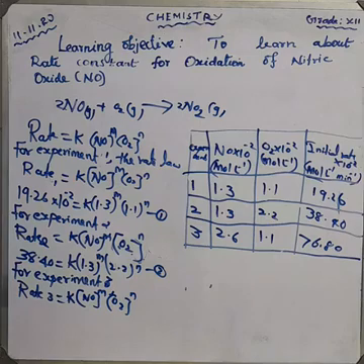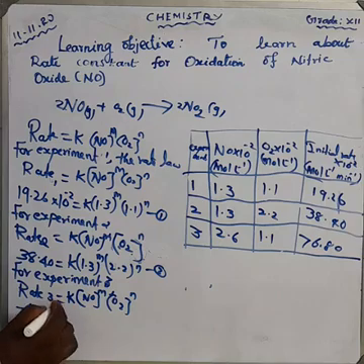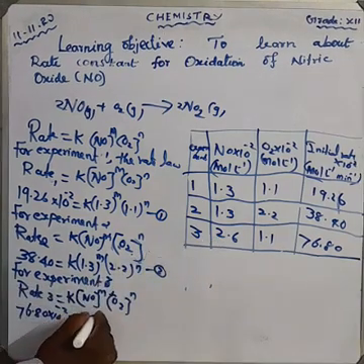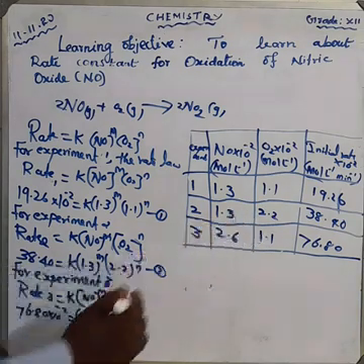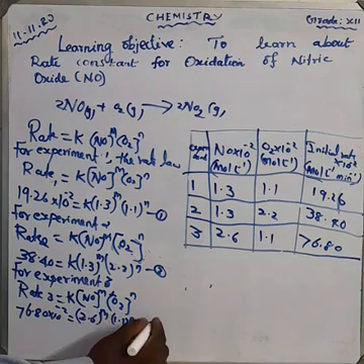Substitute the values. 76.80 into 10 raised to minus 2 is equal to K into 2.6 power m and 1.1 power n. This is the third equation.